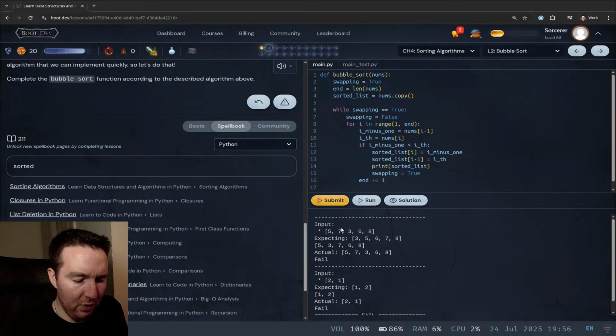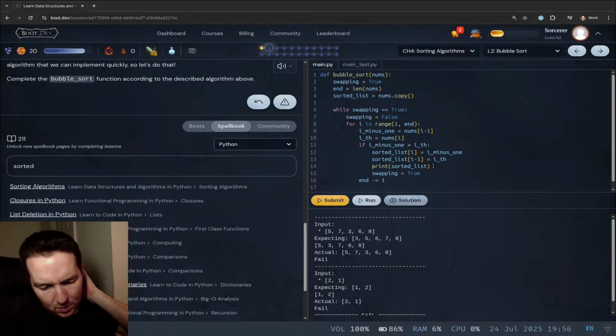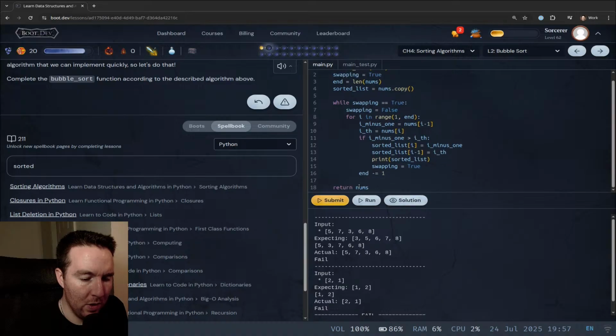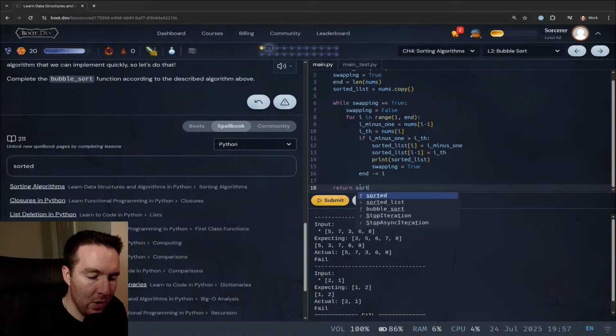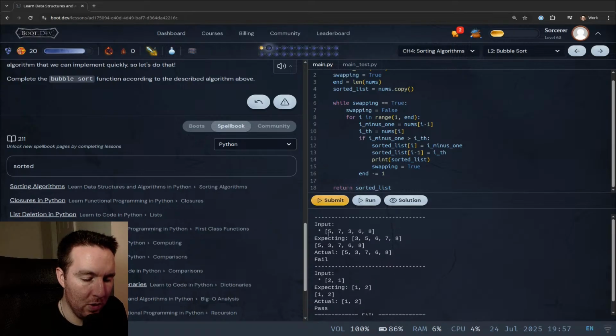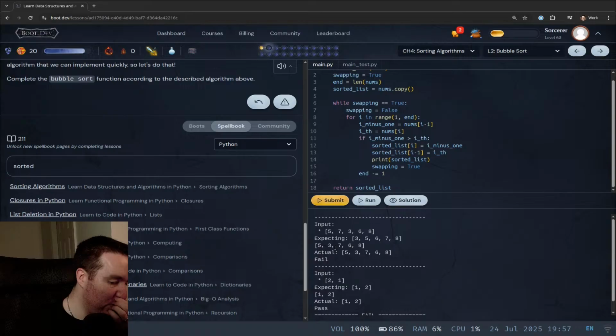So when it hits, it's almost like it did move it along.